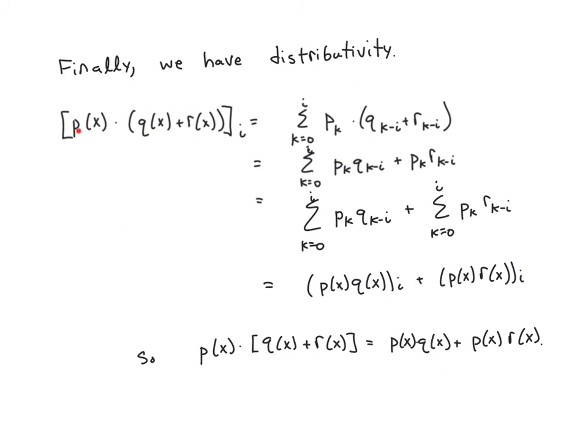So let's take three polynomials, add the second two polynomials, and multiply by the first. Compute the ith coefficient. What is the ith coefficient? Well, it's this summation of the kth coefficient of the first polynomial times the (i minus k)th coefficient of the sum of the second and third polynomials.